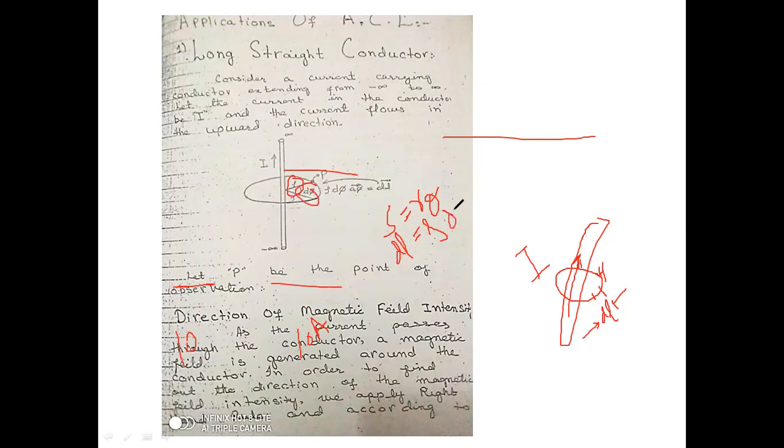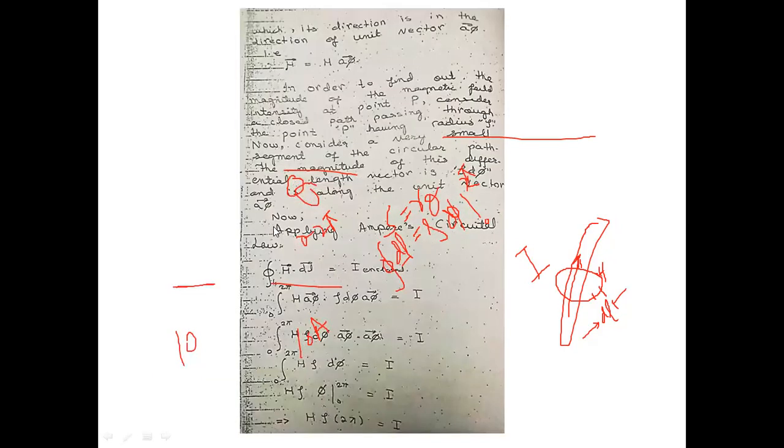Although the complete angle is from 0 to 2 pi, for the differential length the angle is d phi. If we consider the whole ring, then this will be from 0 to 2 pi. Now we are assuming the differential length, so in this case dl is equal to rho d phi. So H is equal to H in the direction of unit vector a phi.